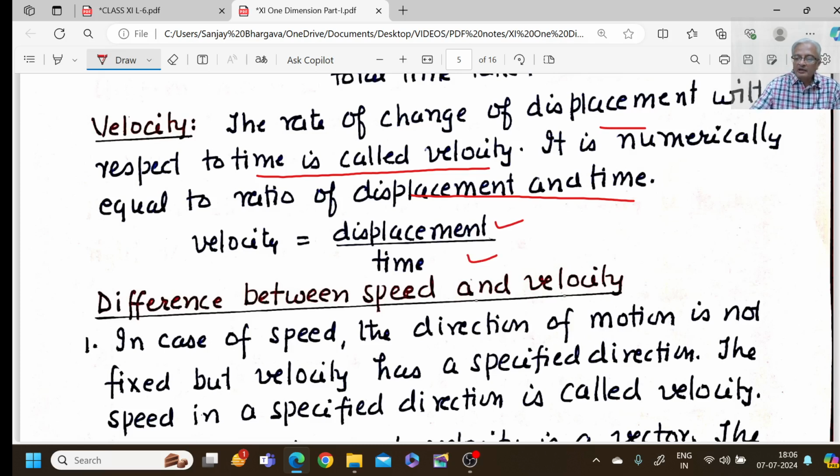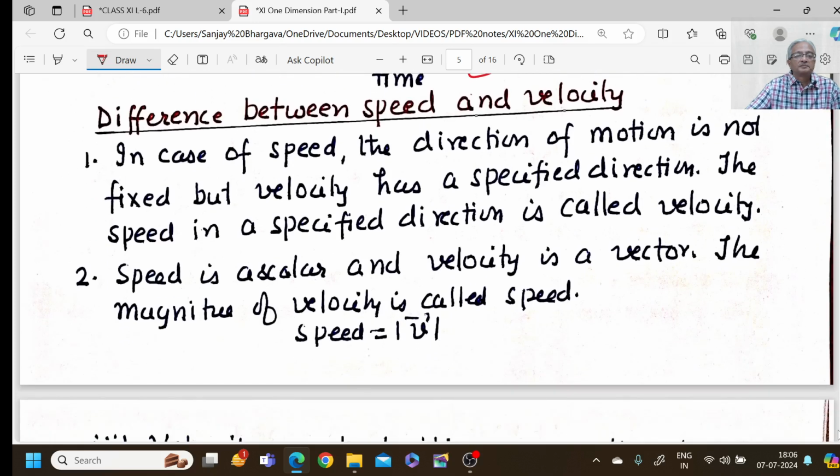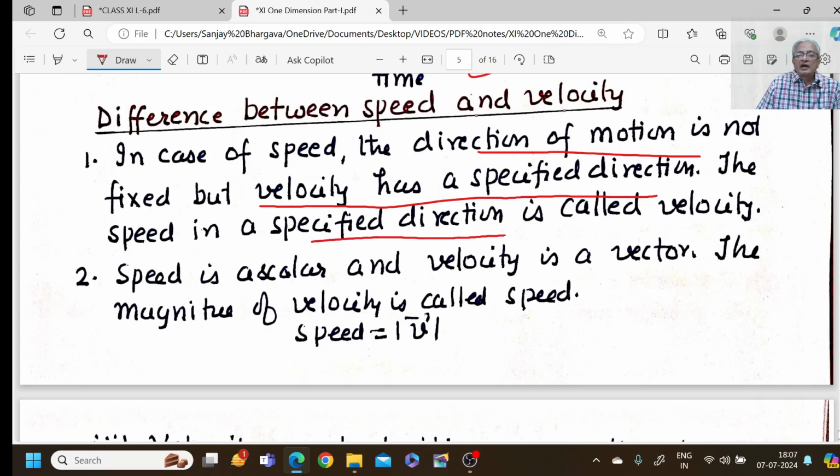Now, what are the differences between speed and velocity? In case of speed, the direction of motion is not fixed, but velocity has a specified direction. The speed in a specific direction is called velocity. So speed is a scalar quantity, velocity is a vector.